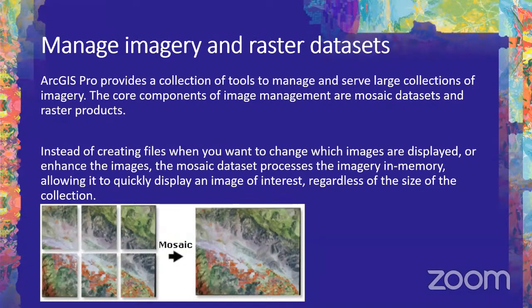So for managing large collections of images, there's a model called mosaic datasets or raster products. So especially this mosaic, the idea is to have different cells and reference in the images.